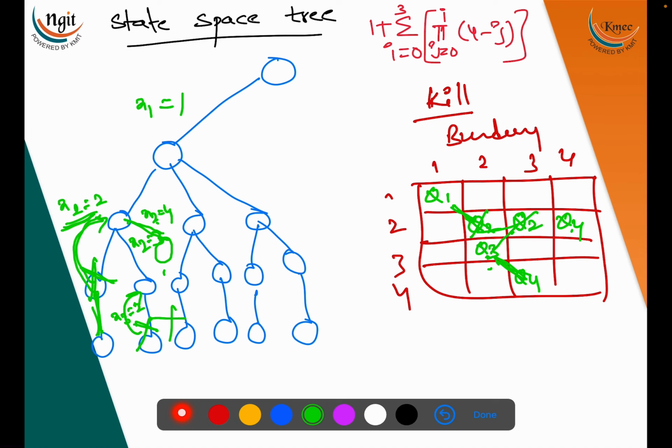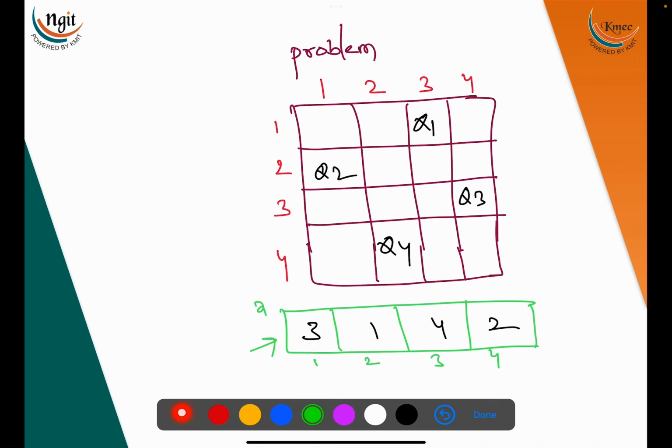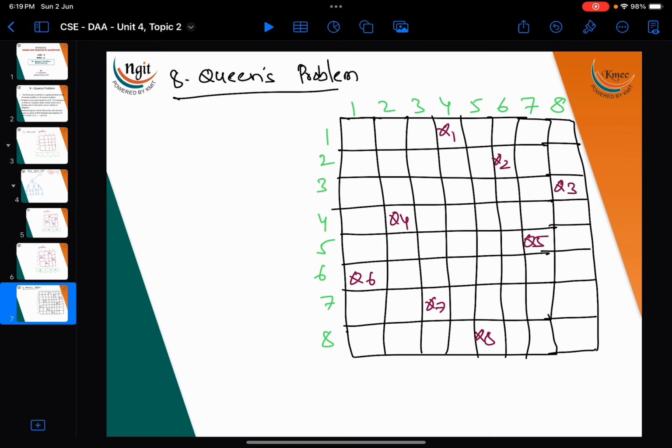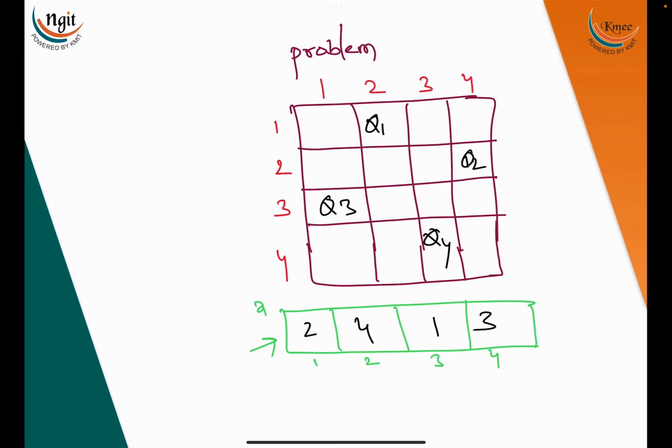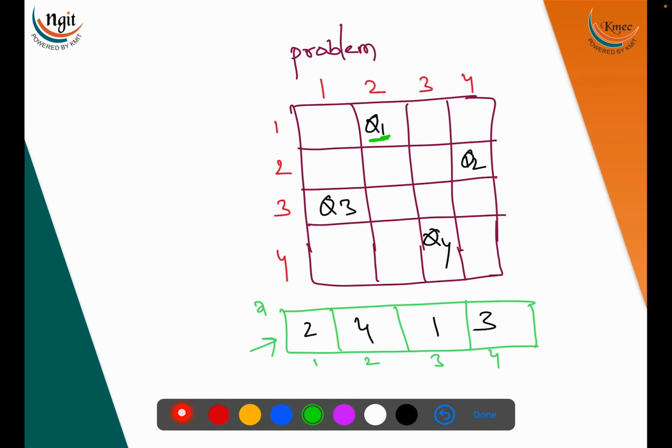So again go back to the solution to find out. If you do so, you will find the right places where no queen is under attack. Q1 has to be in the second column, Q2 should be in the fourth column, Q3 in the first column, Q4 in the third column.